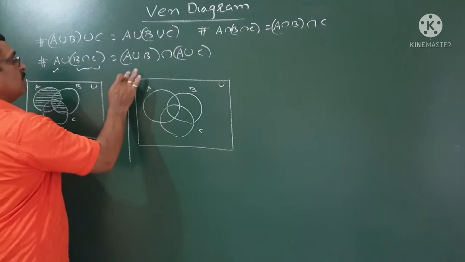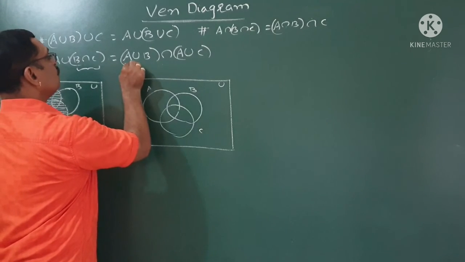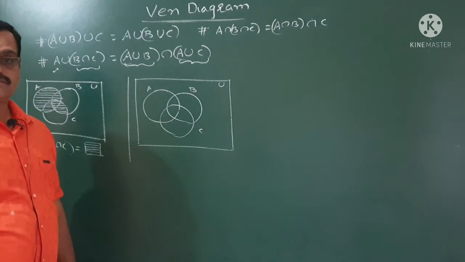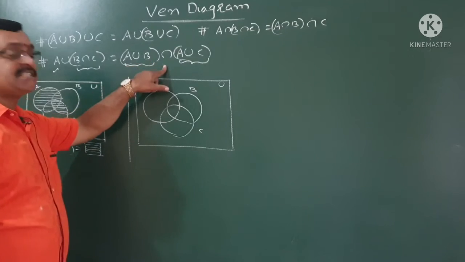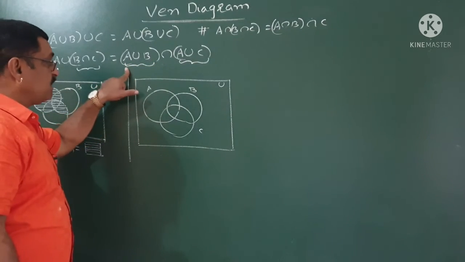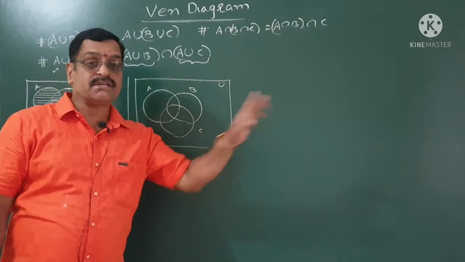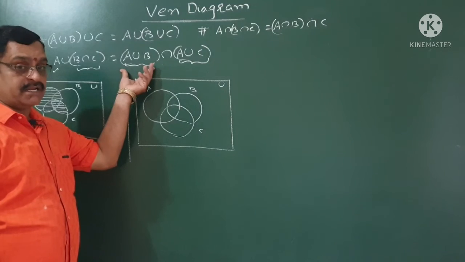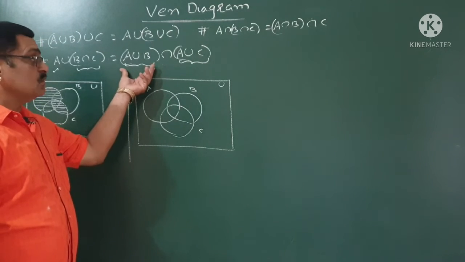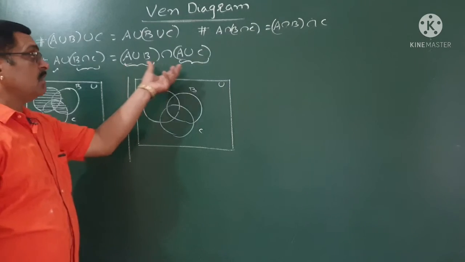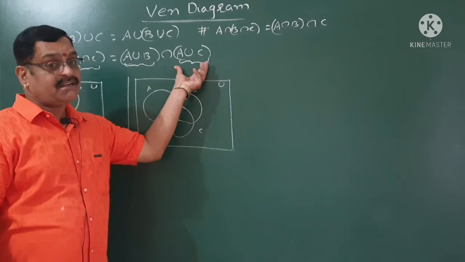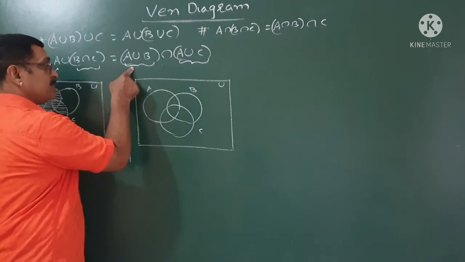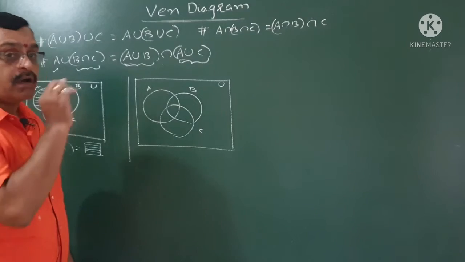Now here also I am combining two sets with the help of intersection. I am applying intersection operation on the two sets A union B and A union C. Whatever lines I use for A union B, suppose horizontal lines, then I need to use vertical lines or slant lines for A union C. So first what I do, I represent A union B with horizontal lines.